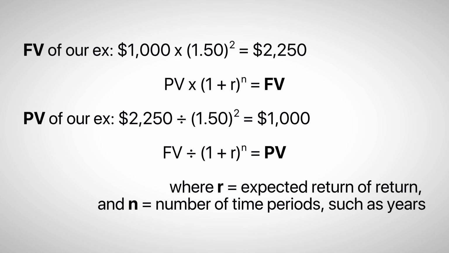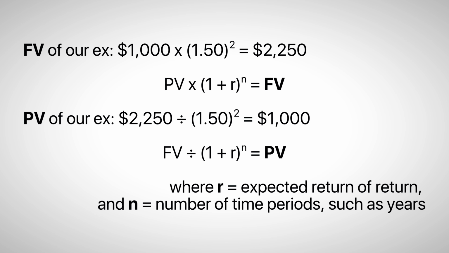These are also represented by formulas. Our future value is represented by $1,000 times 1.5, which is 1 plus our rate, raised to the power of 2 because we're finding this over 2 years, which gives us the future value amount of $2,250. Basically, we're taking the present value times 1 plus the rate and raising that to the number of time periods, which in this case is 2 years.